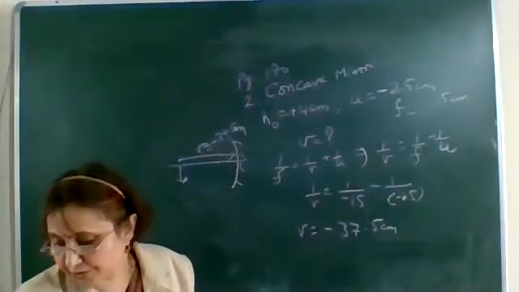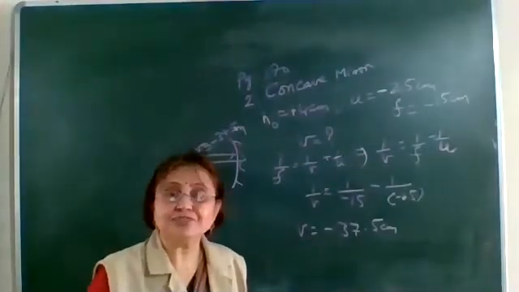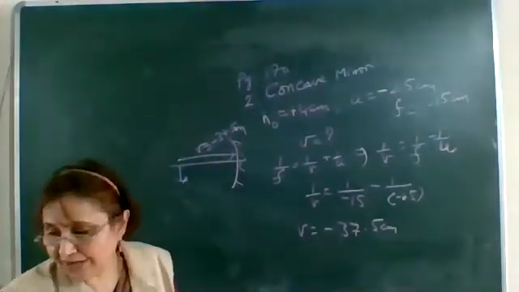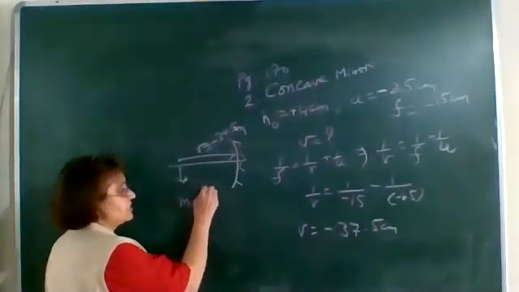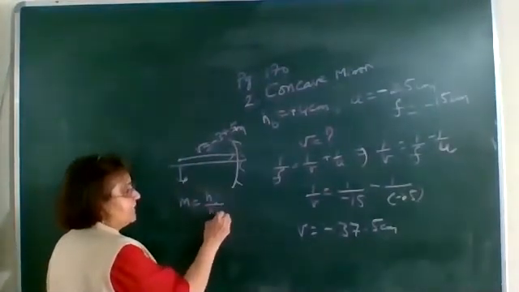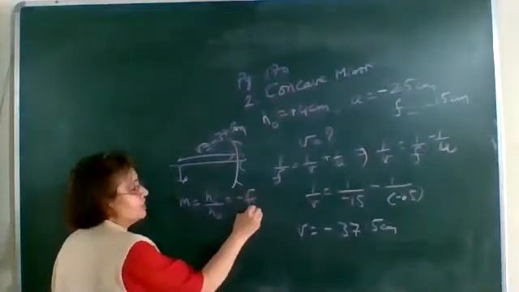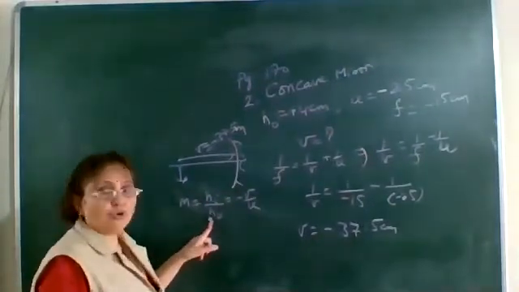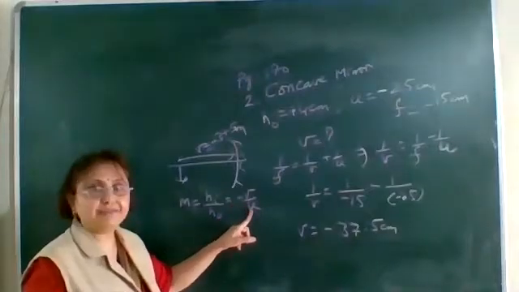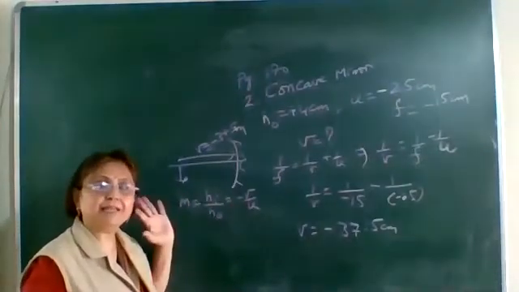Also you have to find out the nature and the size of the image. Let's find out the size of the image. We know that magnification is given by Hi upon Ho, which is also equal to minus V by U. Ho is given, V, U, everything we know. So can we determine Hi?